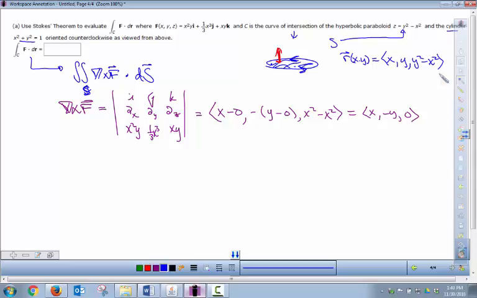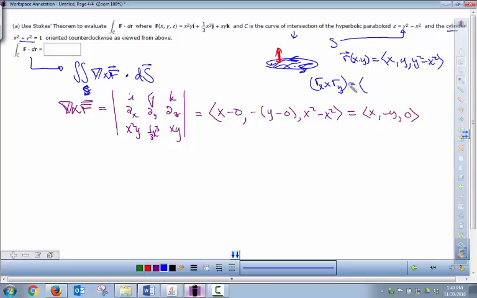Okay. Now I want the normal to the surface, so Rx cross Ry, and I'm not going to take the magnitude of that because I'm just going to plug that in as my dS. And this is going to be, it depends on how you cross it, right?